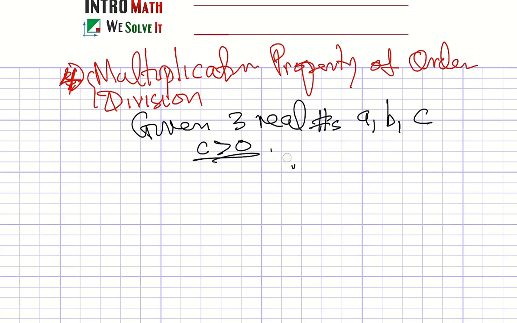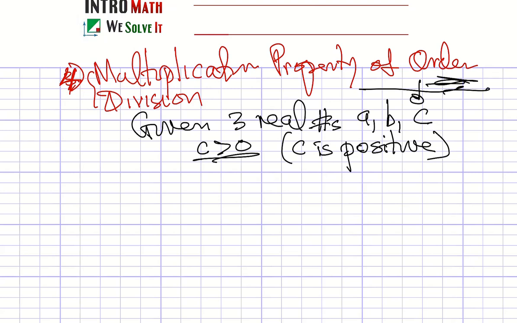When they say C is greater than 0, all they're saying is C is positive. Because in the number line, if C is greater than 0, then C is over here, not on the left.